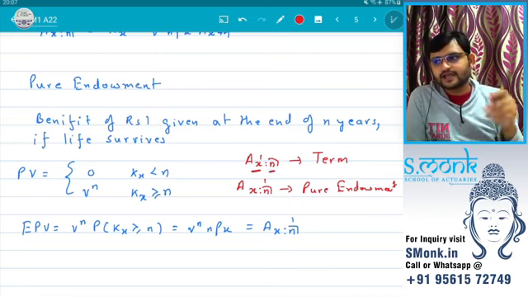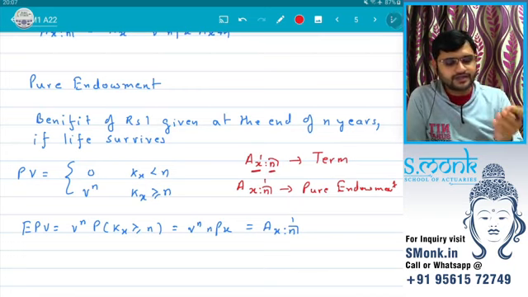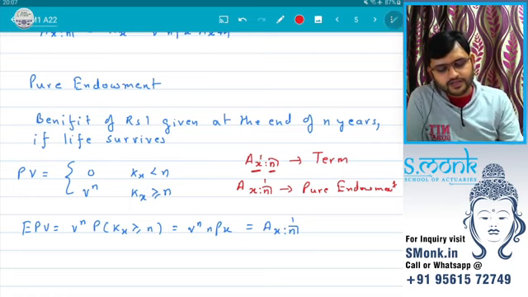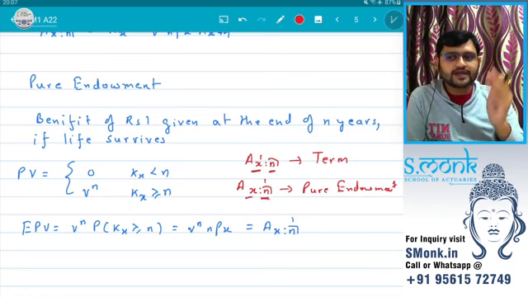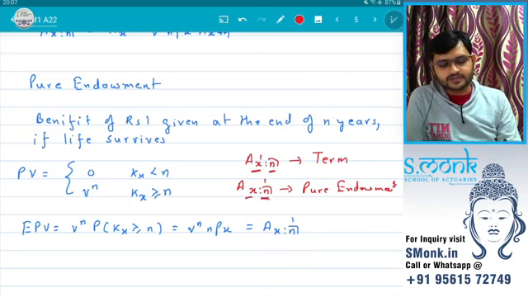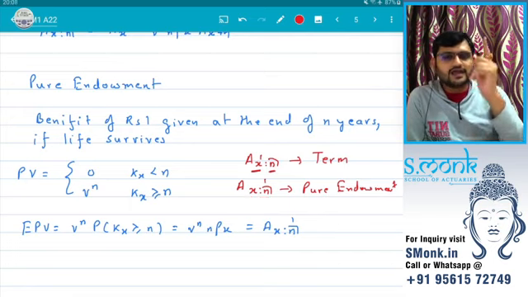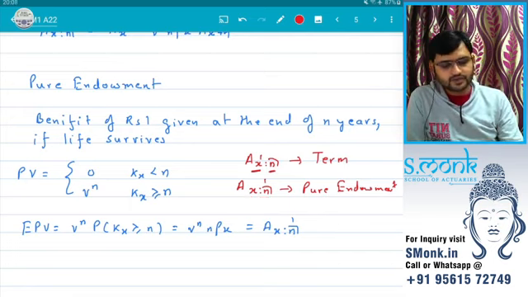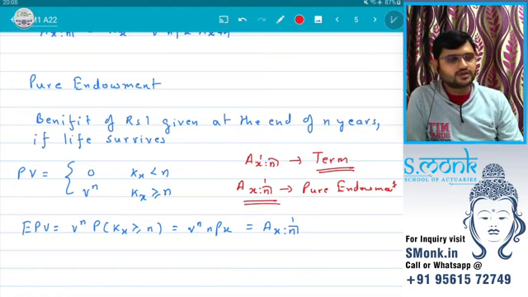So you can say life ends first, then the payment is given. Here we are saying that n ends first. That means the term ends first. If that happens, then the payment is given. So if the person survives those n years, then the payment is given in pure endowment. That is why 1 is for that ending first. So either life ends first, then term assurance, and if the payment is given on the term ending, then we'll call it as pure endowment.